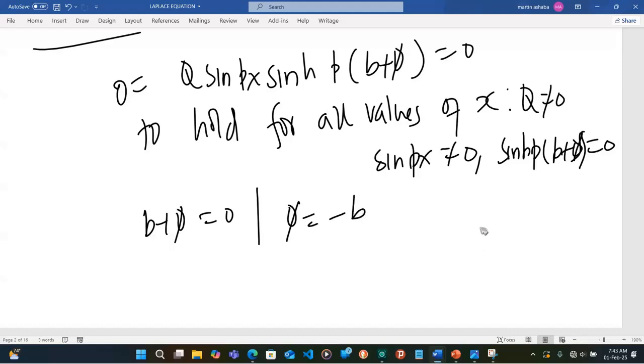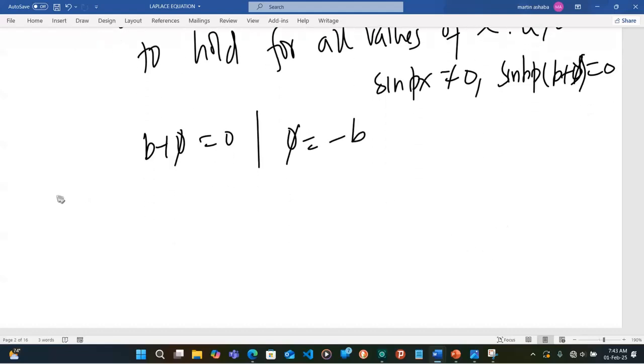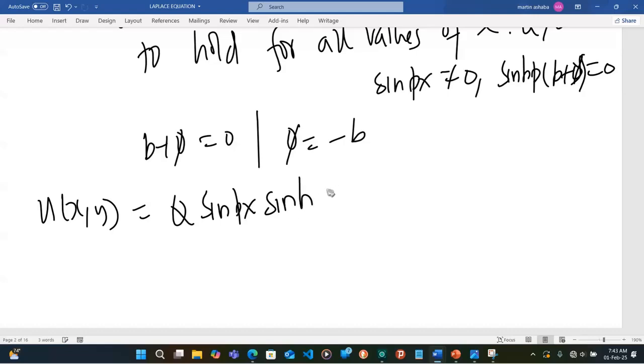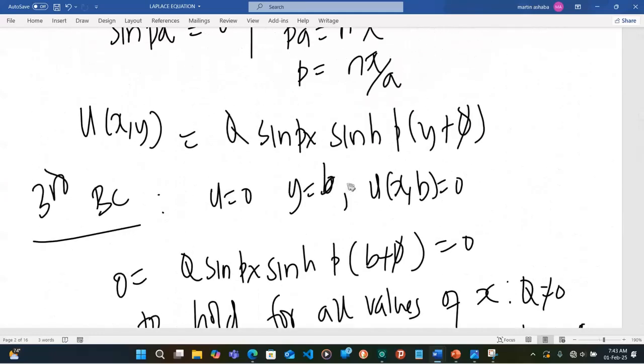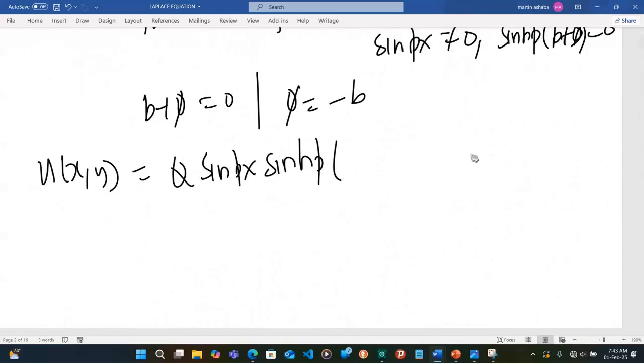So if we rewrite our solution, this is going to be u(x,y) is equal to Q sin px, then the hyperbolic sine function p, remember we had y in here and phi. So where there is phi, we put negative b, so we'll have y minus b.